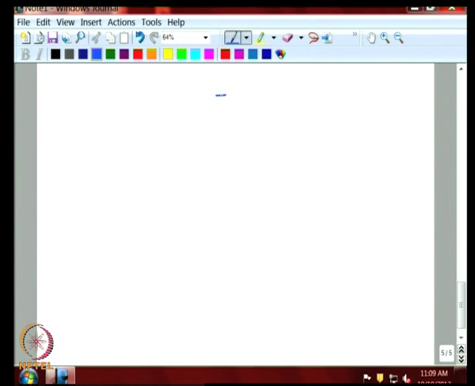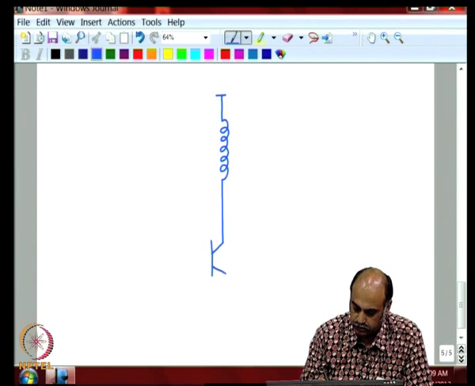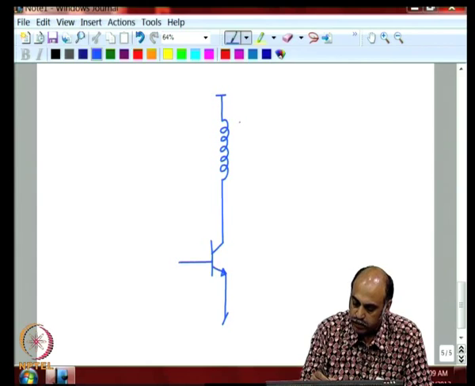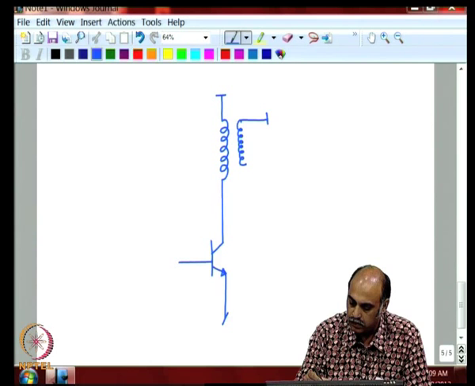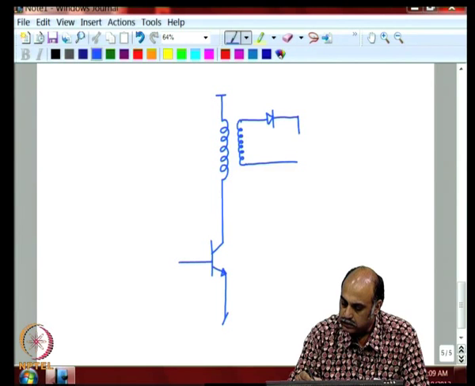So, let us take an example for that. Again, I am going to draw the flyback converter. So, consider this flyback converter that I am drawing here, and the secondary is like this.